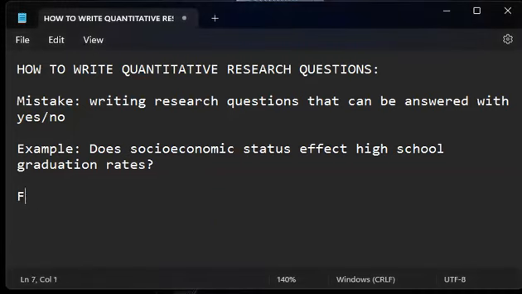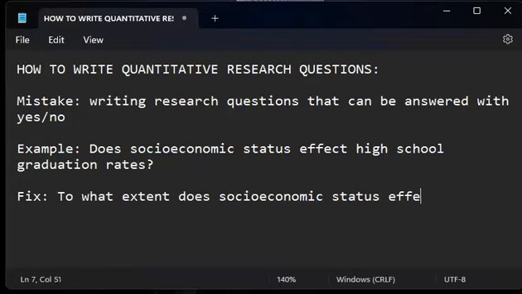So the possible fix is, to what extent does socioeconomic status affect high school graduation rates? Giving "to what extent" allows us to have a much broader analysis and a lot more nuance in how we respond to that question.